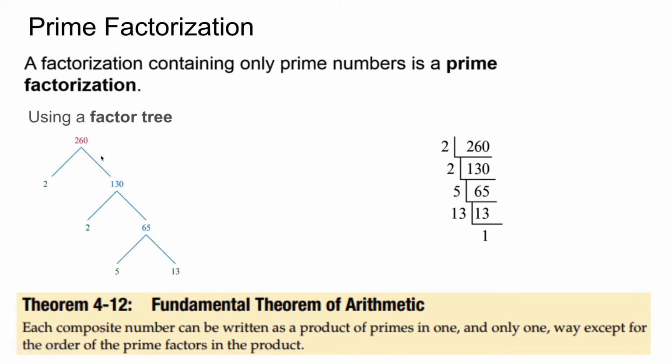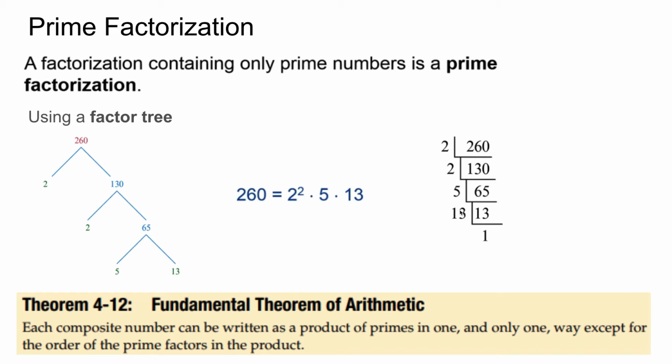If we use a factor tree, it is like this. If we are using division of numbers here, we can just count these numbers as prime factors. So use only prime numbers here to divide 260. Divide 260 by 2, what do you get? 130. 130 divided by 2, what do you get? 65. Only the quotients come here. And 65 is divisible by 5. 5 times what makes 65? 5 times 13 makes 65.